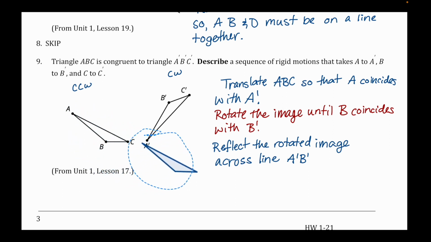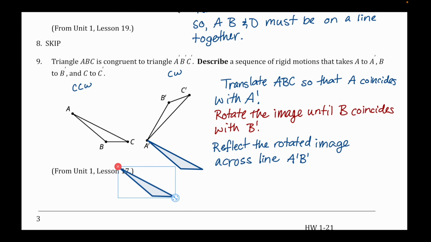Okay, this we translate until it ends up here. Great. Now, I want this shape again. I'm going to copy it, paste another version of it, and this is what we're going to rotate until it lines up like so. But I can't rotate around a center, so I have to try to do it by hand until it lines up.